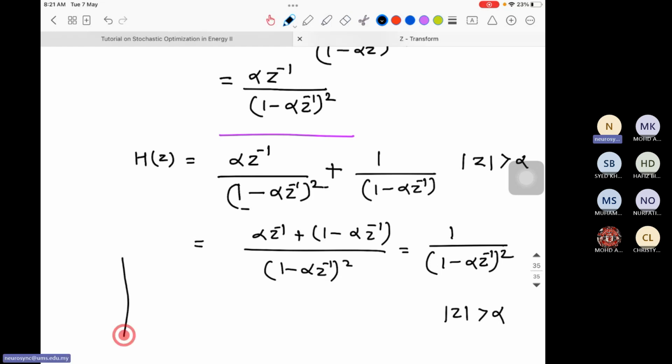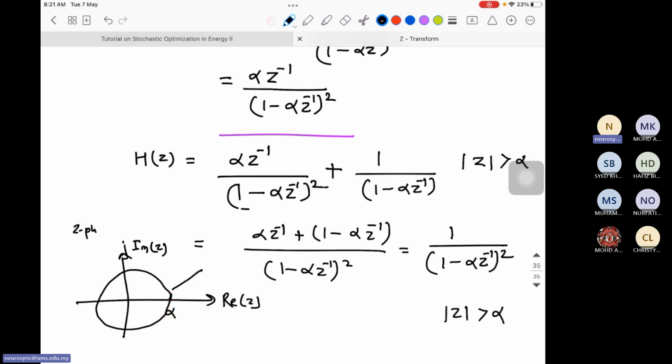Again, draw the ROC z plane, real of z. This is the entire z plane. If this is alpha, then we will draw the circle here, and if mod z is greater than alpha, then we will have the ROC like this, the region of convergence.